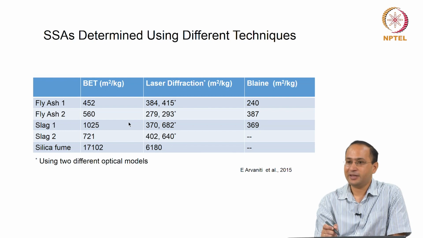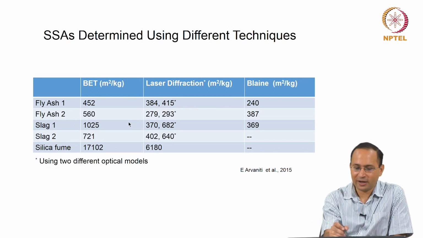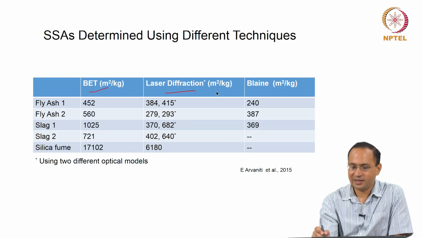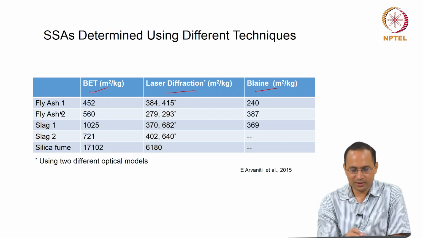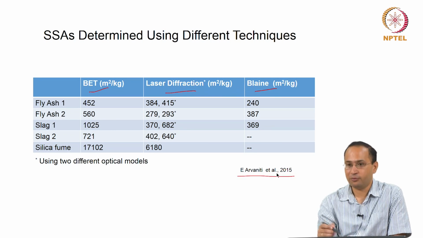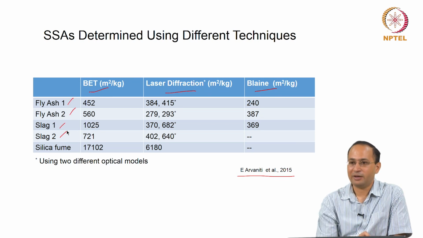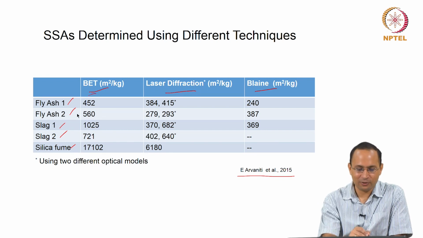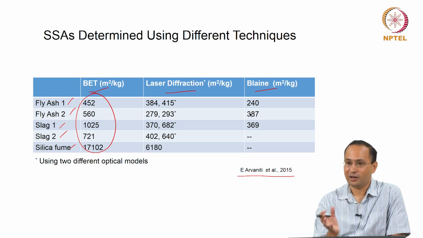Again, here is a table which gives you an idea about the comparison. Here we are comparing BET, laser diffraction and Blaine, all three measurements. This was done on two types of fly ashes, two types of slags and silica fume, and you can refer to this paper if you want to know more. Again you see BET values are higher than Blaine and laser diffraction, so you should know that. Why?